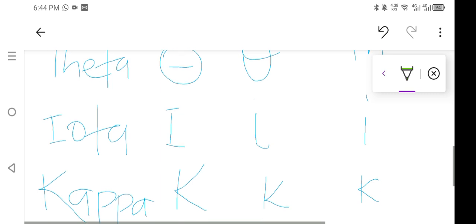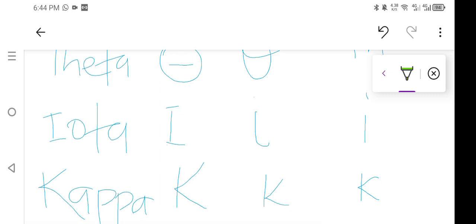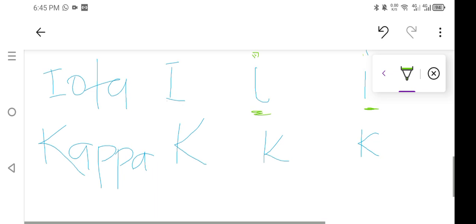And iota is very easy. You notice the difference between the lowercase iota and the English equivalent is that the lowercase iota does not have that dot. So the moment you have this dot, you already don't have a Greek letter, you have the English letter, as you can see here. All right, and then the last letter for the day is kappa.